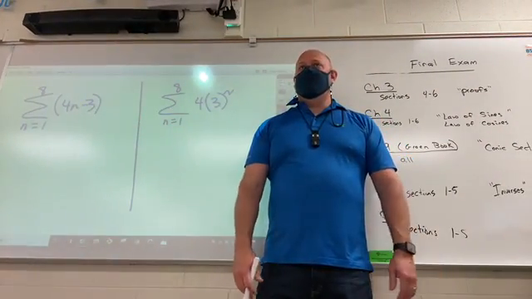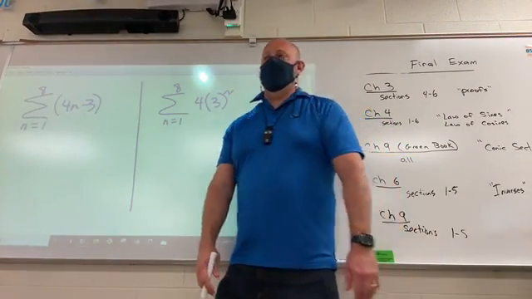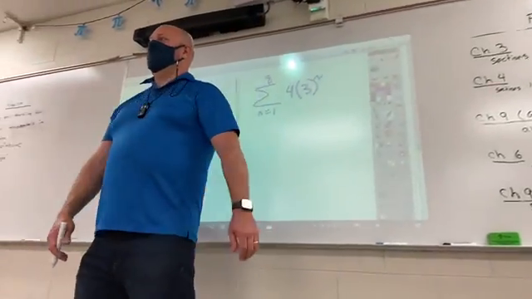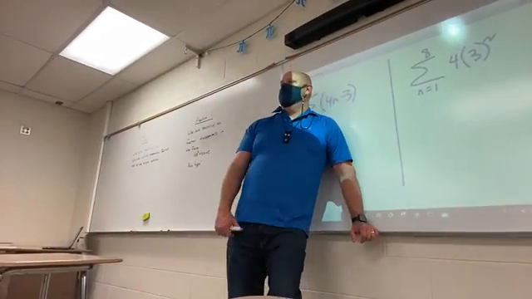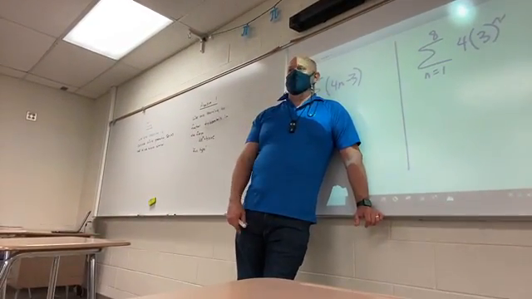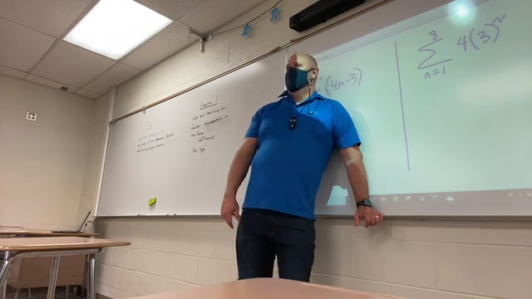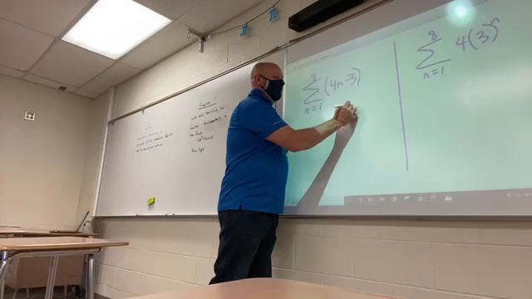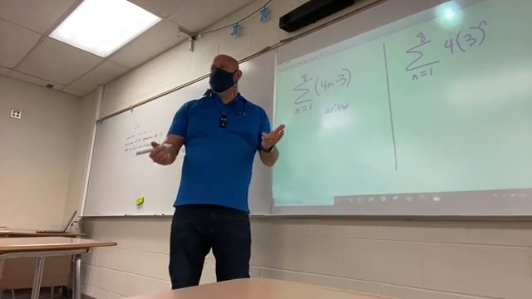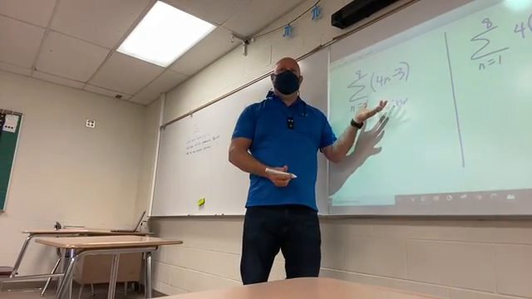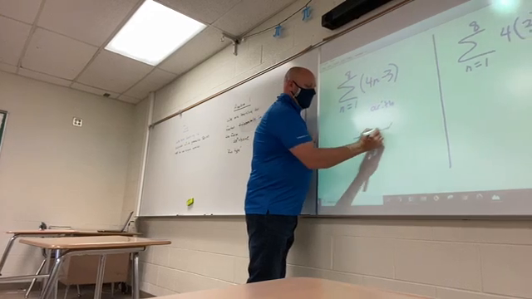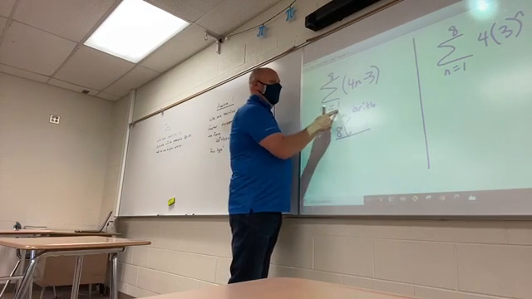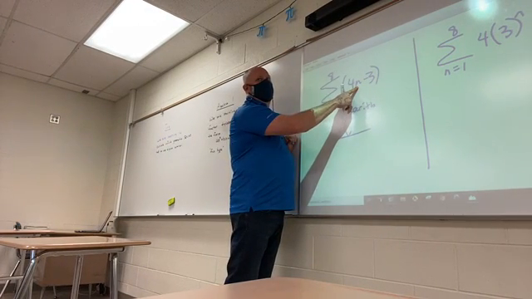Why would I put those on the quiz? Because what's the first thing you got to figure out? Is it arithmetic or geometric? Which one's which? This is arithmetic because that's linear, right? So I got to use an arithmetic formula, which is the number of terms, which is 8. Find a sub 1, so you plug in a 1 and you get what? 1?